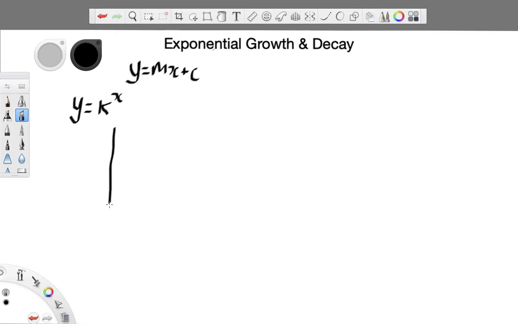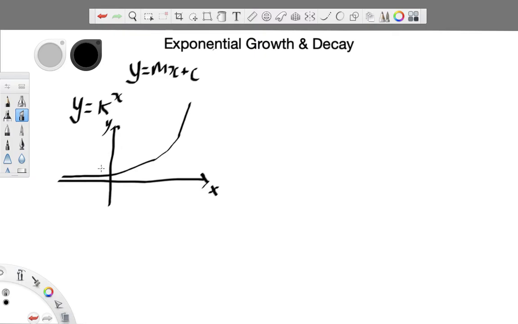So an exponential graph of exponential growth. So if this is y and this is x, the graph may look like something like this. So just like with the population growth, we have this J curve. And the graph has some very important properties.